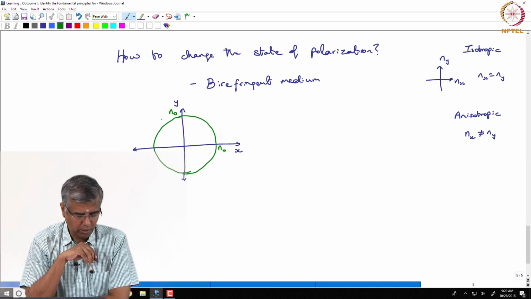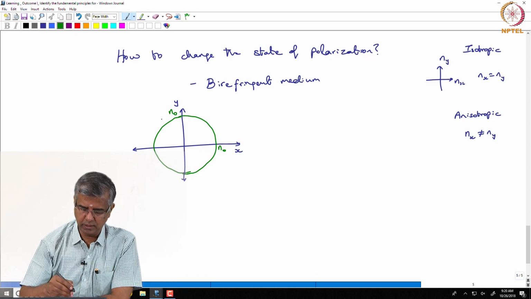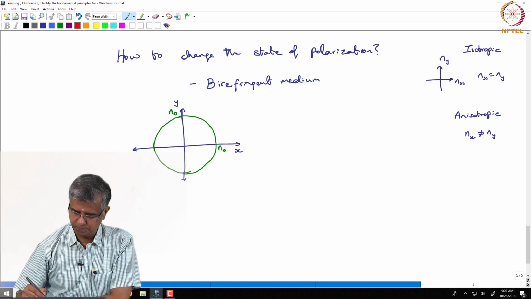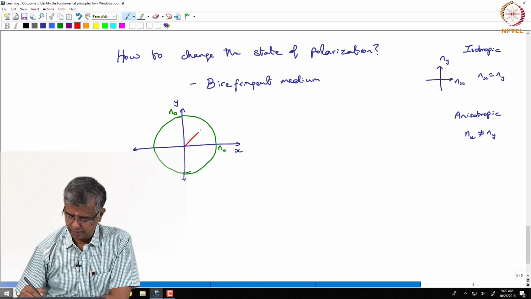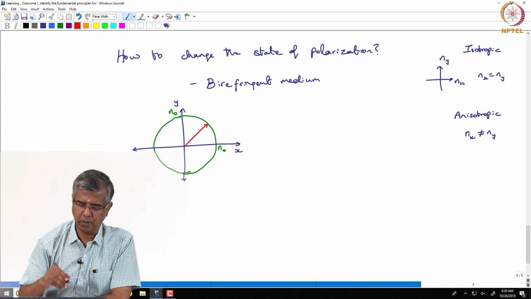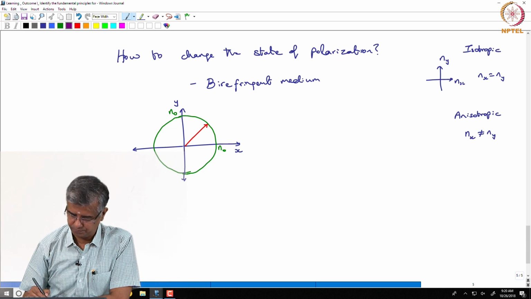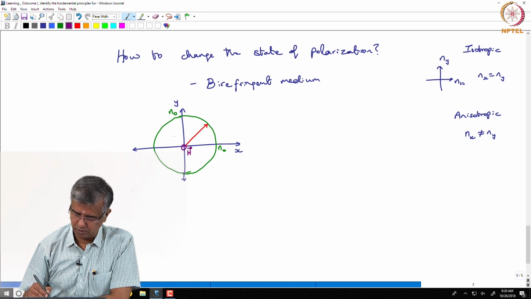In this sort of case, if we consider a wave vector like this, the wave vector will be supported by certain electric and magnetic fields. Let us say the magnetic field is perpendicular to that.